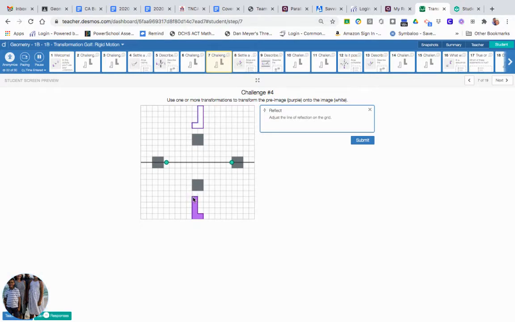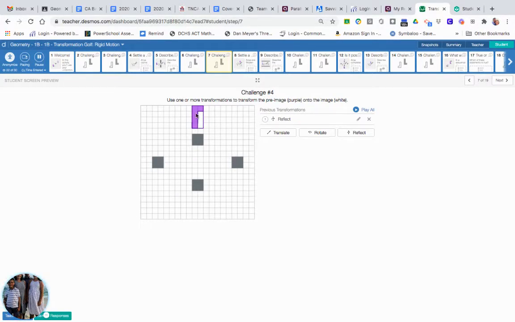So when I reflect it, that same coordinate is going to be 6 away. So 1, 2, 3, 4, 5, 6. So this top left corner of the L reflected is going to be right there, 6 away. So each coordinate is going to be the equal distance away from the line of reflection. So when I flip this, it should be right there, and it is.